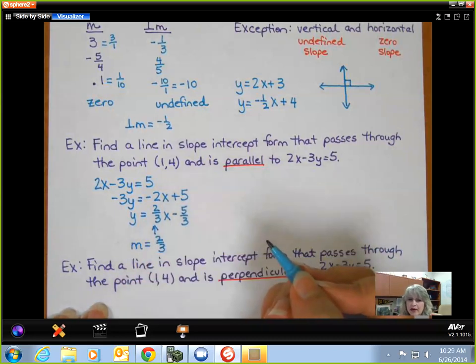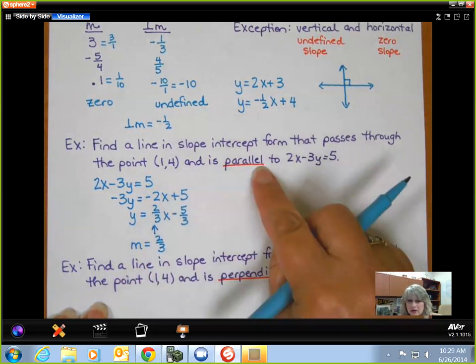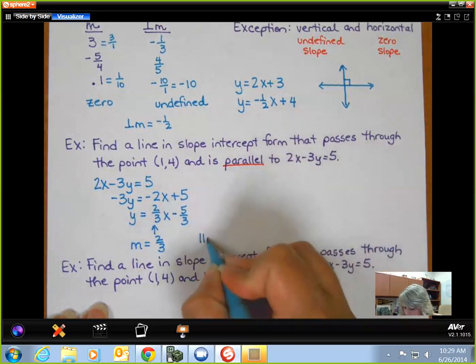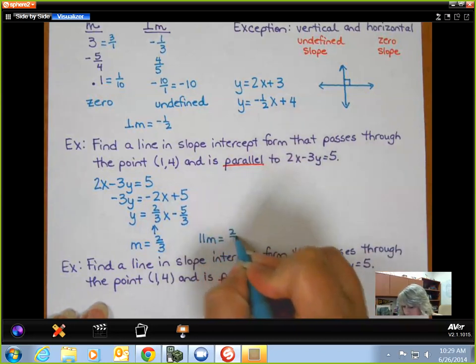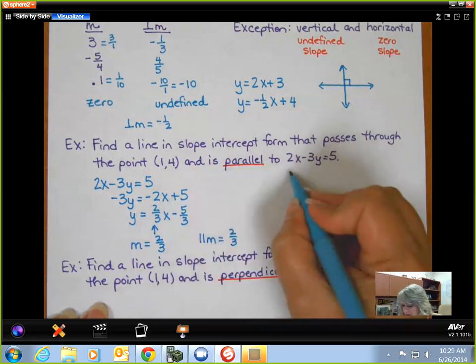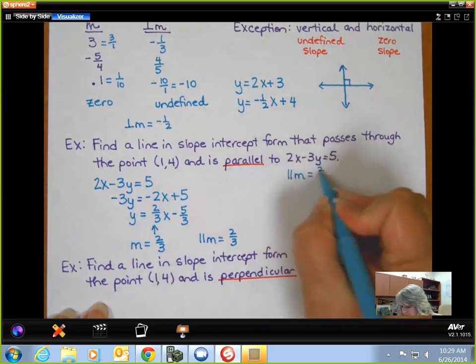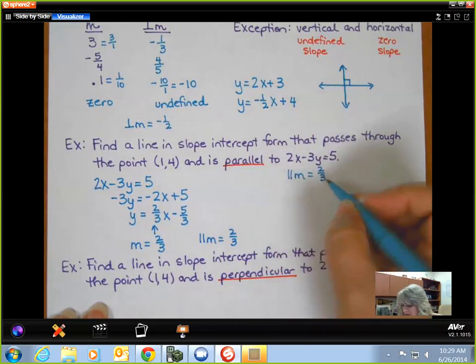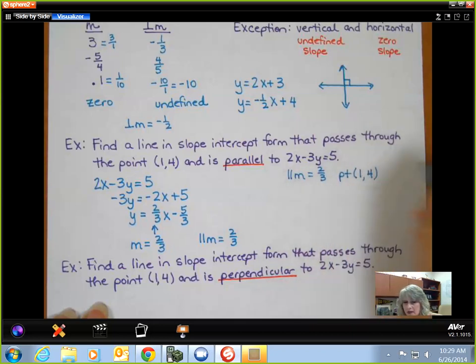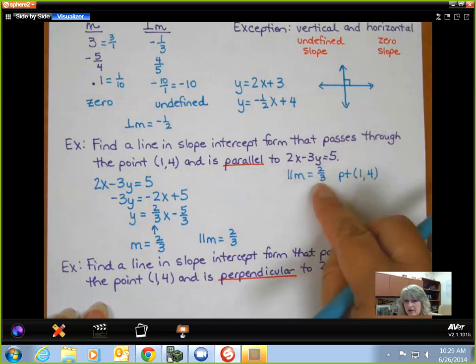So if I want to create a line that's parallel to this line, my parallel slope is also going to be 2/3. So to find my line, I'm going to use a slope that's 2/3. And I want it to go through the point 1, 4. Now, anytime that you know a point and a slope of a line, you're going to use point slope form.